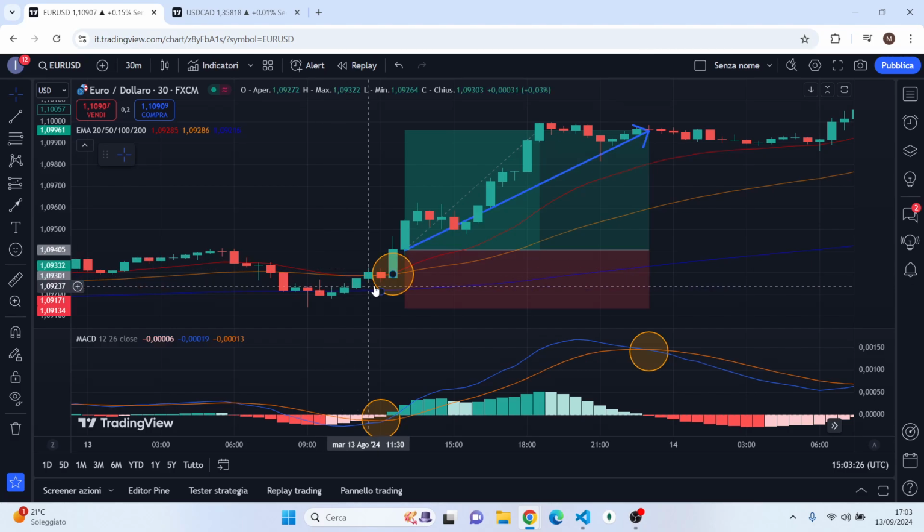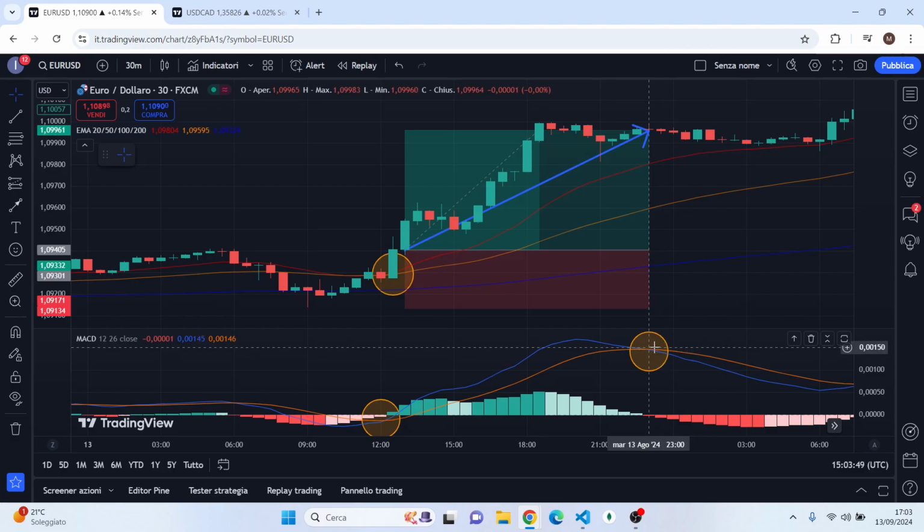And then you have to check for a bullish MACD crossover. So what does it mean? You have to check that the blue line goes above the red line, here it happens, and then you can open a long position and you will exit your trade when the MACD blue line crosses below the MACD red line.